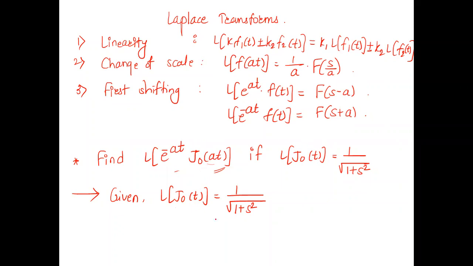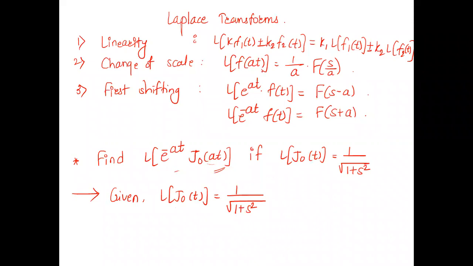So which property will we use first? To obtain j naught of at from this, which property should we apply? Change of scale, correct. So j naught of t to j naught of at.